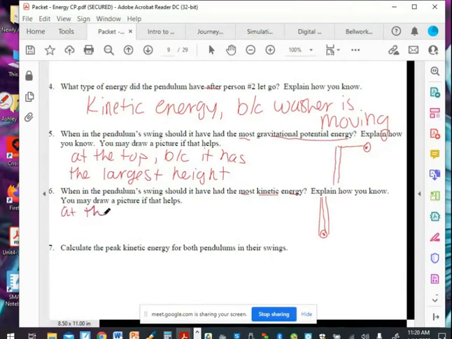So at the bottom, because that's where speed is highest. And we saw that when we did the example of that skateboarder. She always reached her maximum speed at the very bottom of the ramp. So the same ideas translate to this right here.